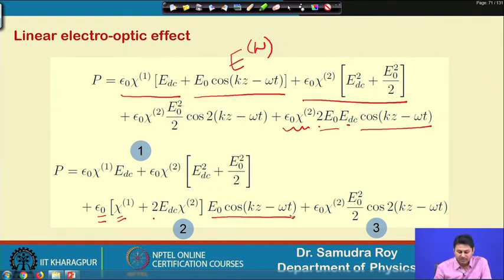Then we have one important term here as a coefficient, the second term in P. So, we have a different kind of coefficient in front of this.